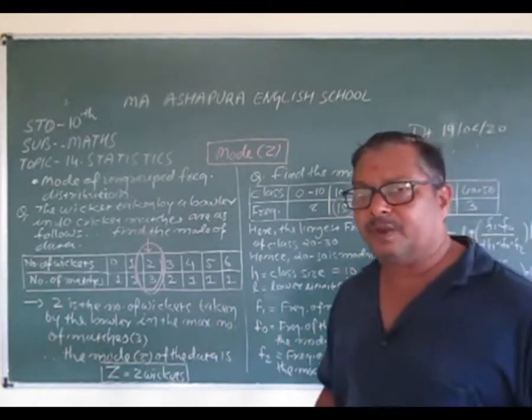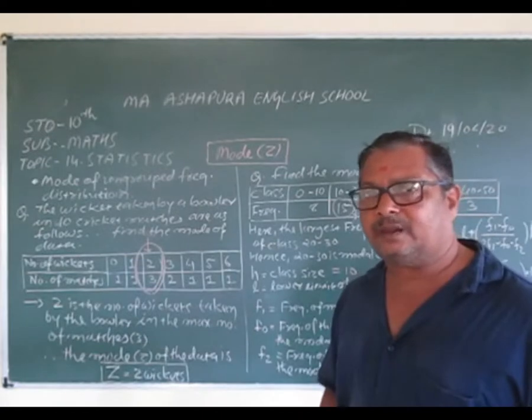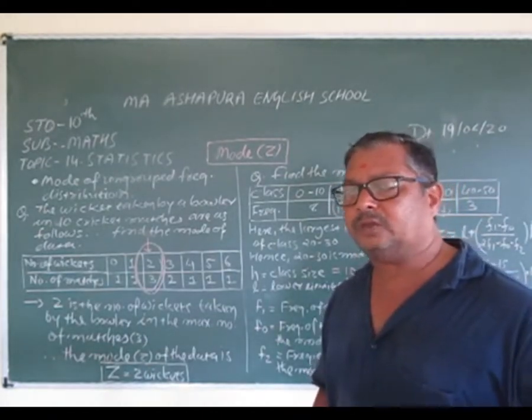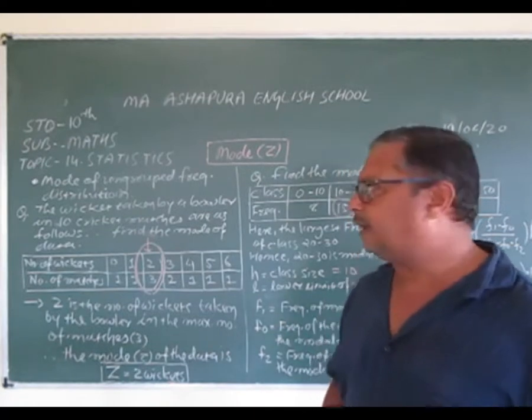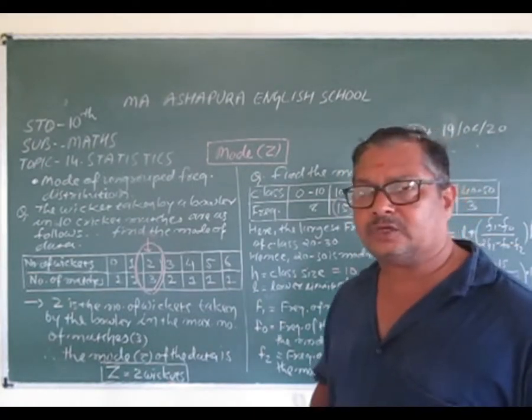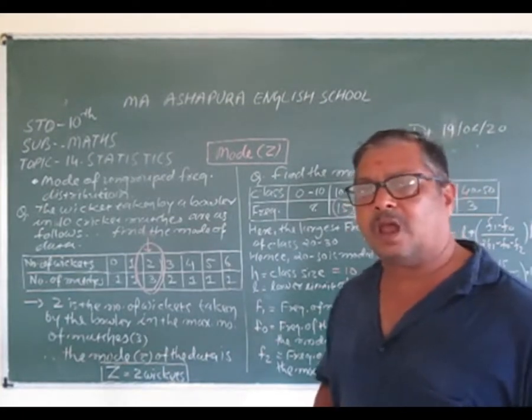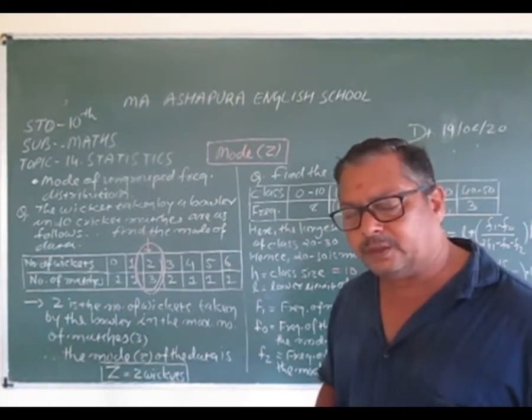Tomorrow we will meet with the next topic, also important from the exam's point of view. We will discuss the calculation of the median from both ungrouped data and grouped data. Thank you and bye.